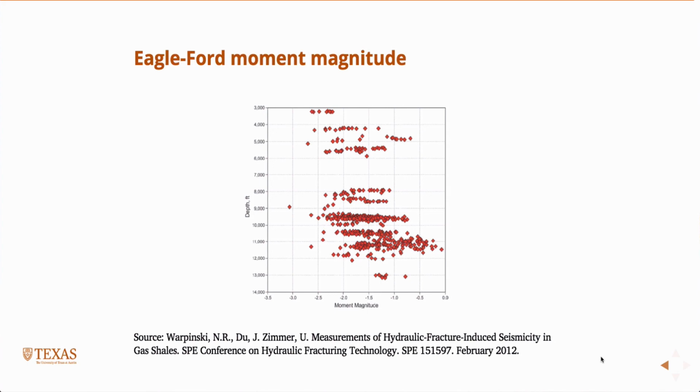Nevertheless, this is a moment magnitude plot of a whole bunch of fracture stages taken from the Eagle Ford Shale, like a Richter scale. These are all the depths, with the shallowest being about 3,000 feet and the deepest being 13,000 feet.